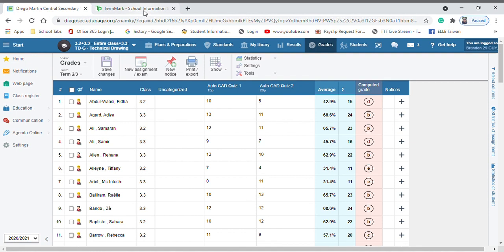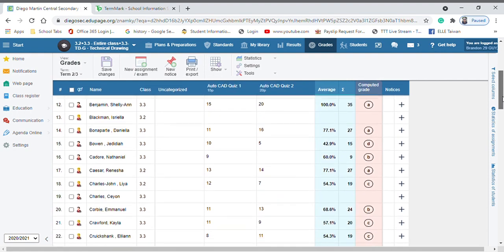So we cannot give the student 15 out of 100 because that will be incorrect. So we have to give them it out of 100, which is the percentage. In this case, for this particular student, it will be 42.9%.